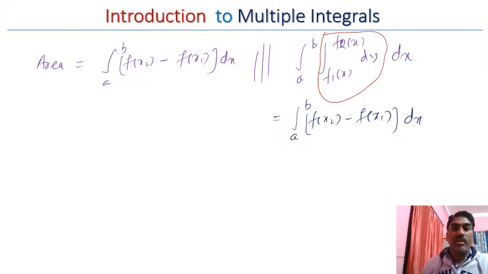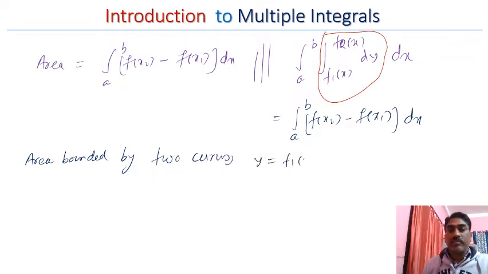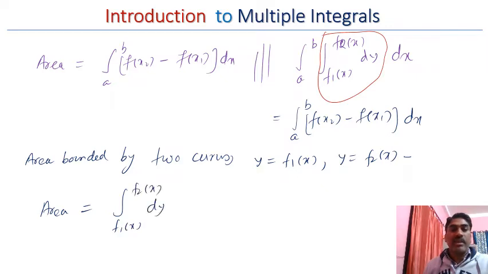So the area bounded by two curves y is equal to f1(x), y is equal to f2(x) is precisely the double integral, the integral from f1(x) to f2(x) dy and a to b dx.